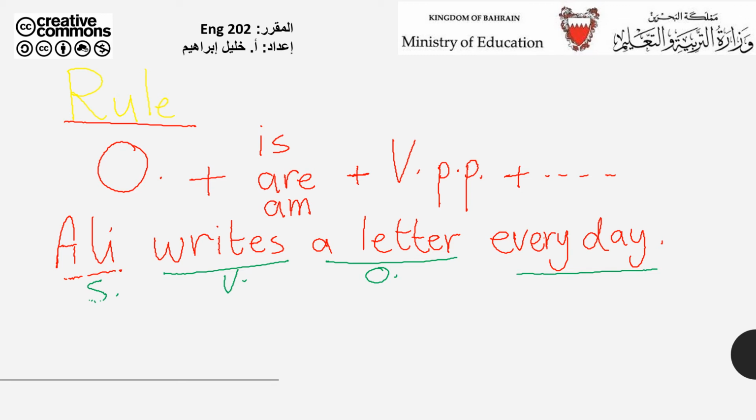Now we start changing this sentence. Since we have Ali at the beginning, the doer of the action at the beginning of the sentence, that means this sentence is active. Now we need to change this sentence into passive. Step number one, as we said, we start with the object. What is the object of the sentence? A letter. So we start with a letter.